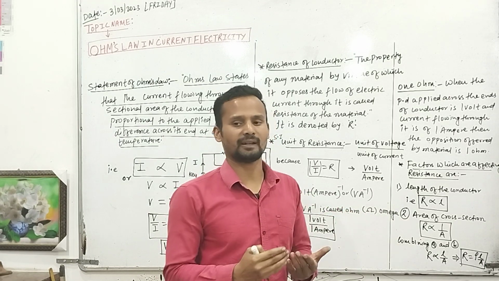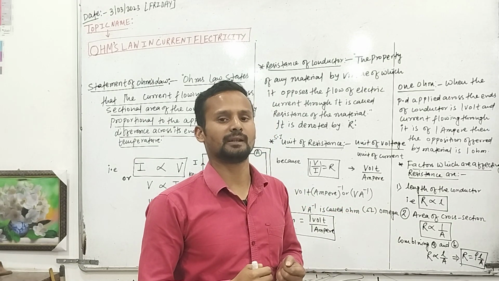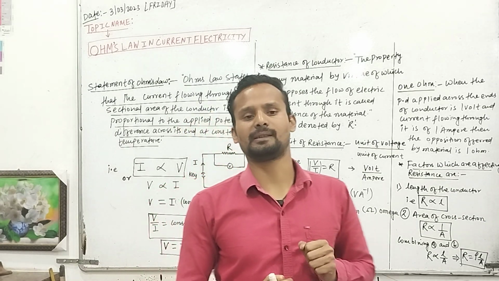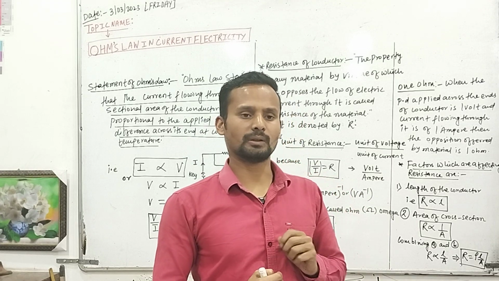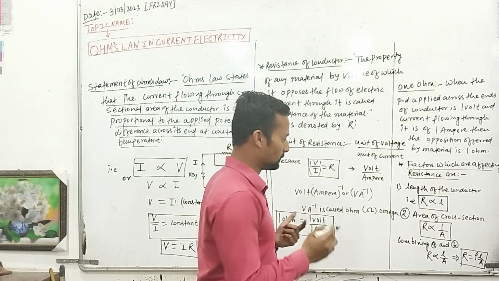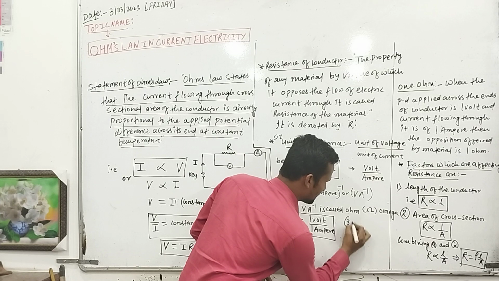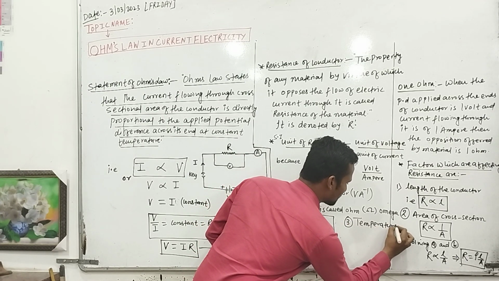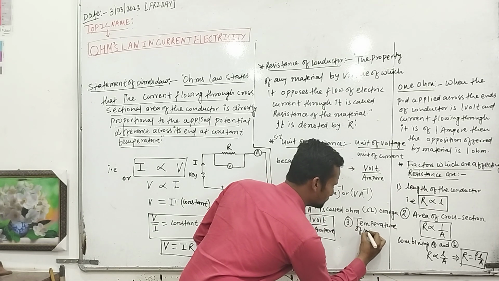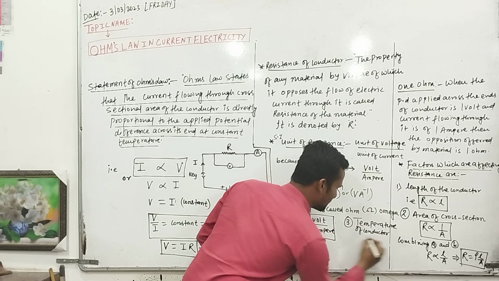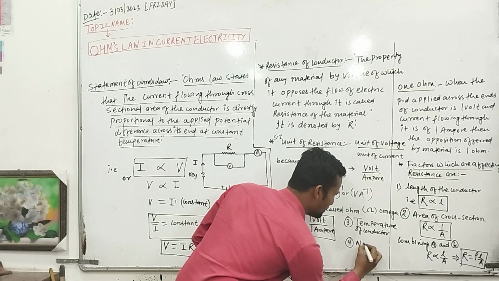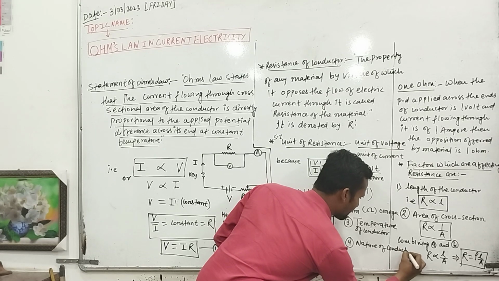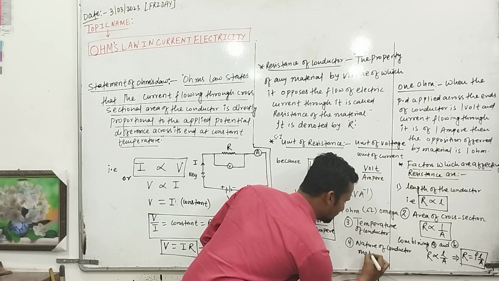Is there any other factor which can affect resistance? The answer is yes. There are two more factors which can affect the resistance of the material. Those factors are the temperature of the conductor, and the nature of the conductor material.